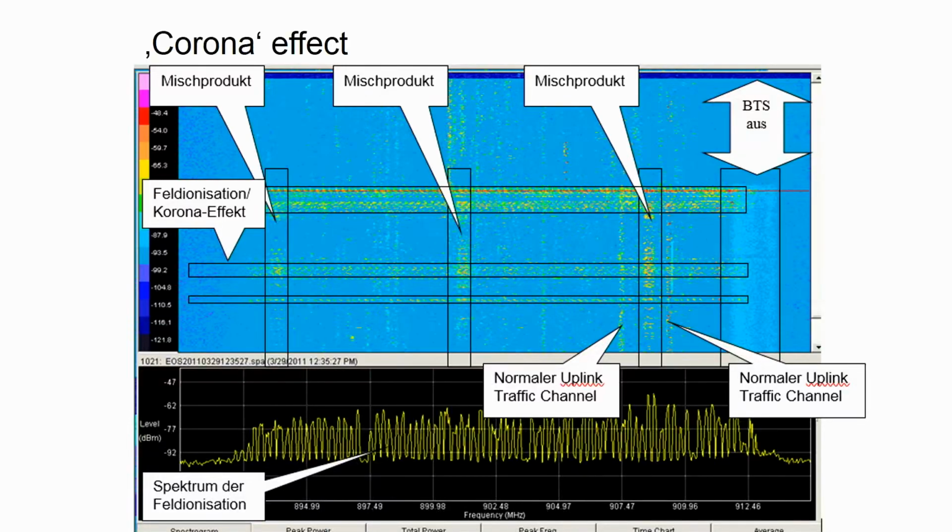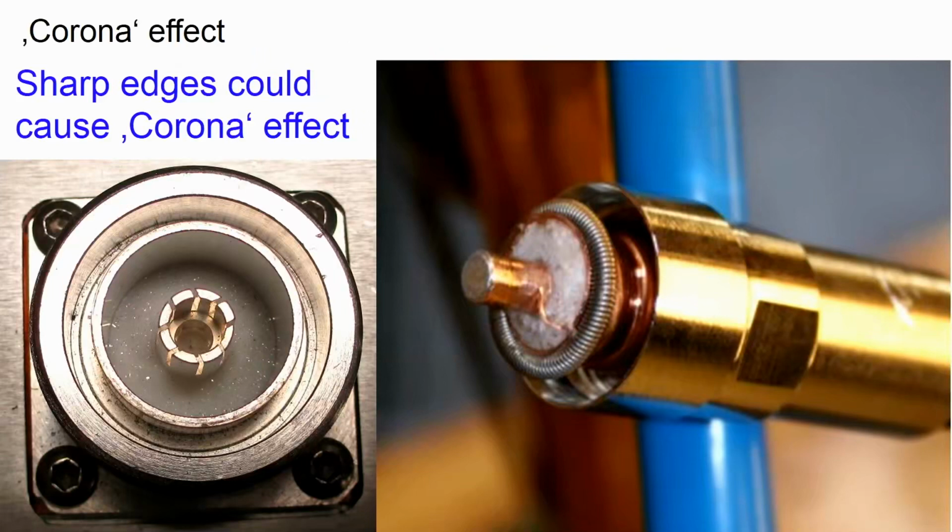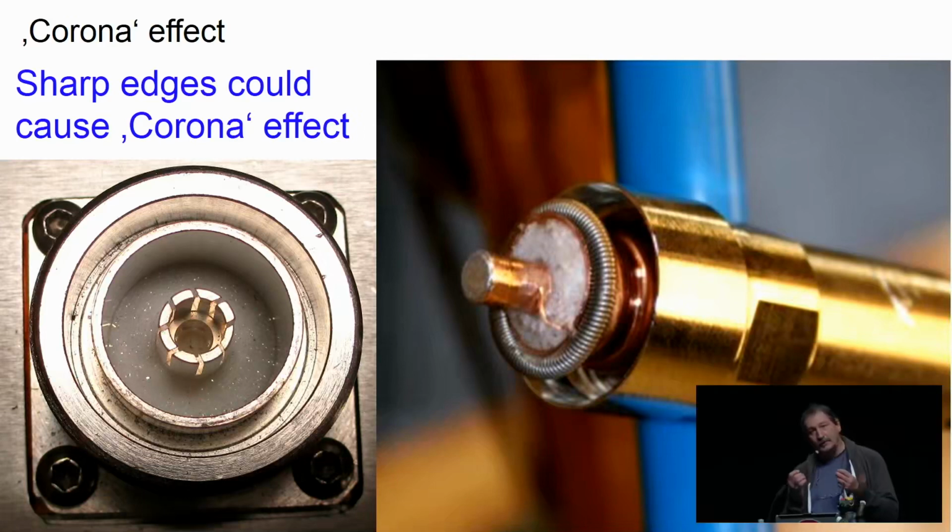The corona effect, this broadband noise, I observed that this happens when I have sharp edges in the copper, in the antenna, or in the plugs, or fire inhibitor in the plugs. Things happen.